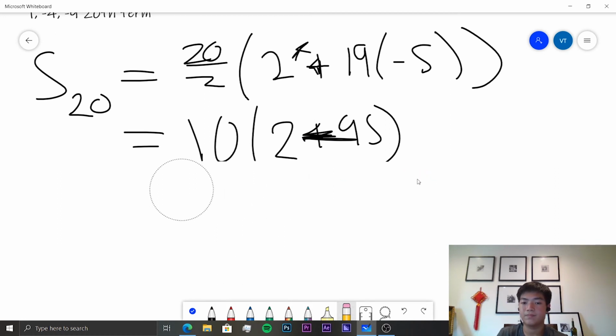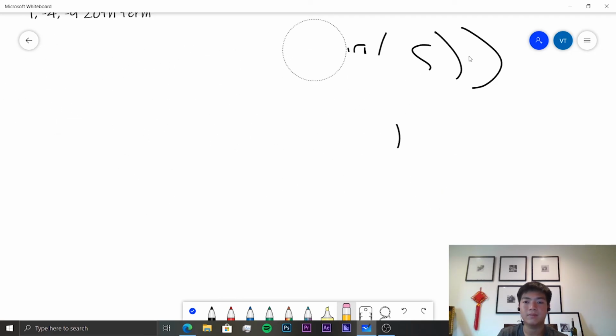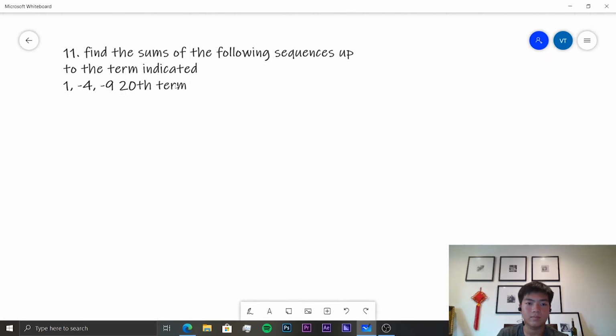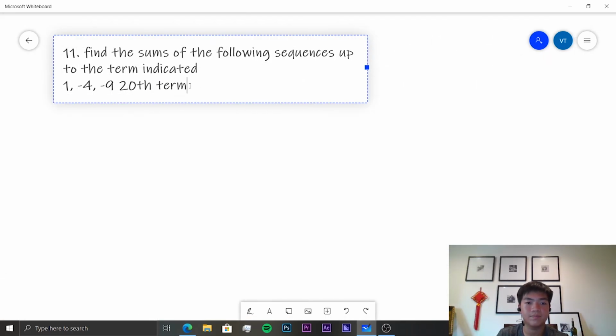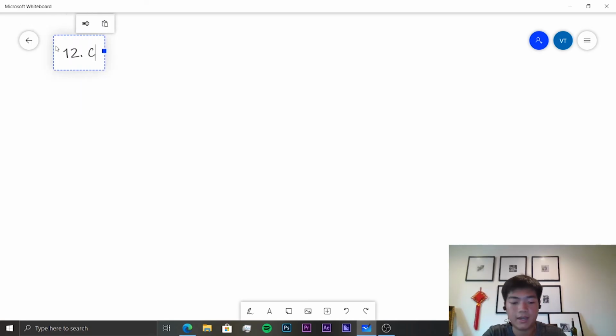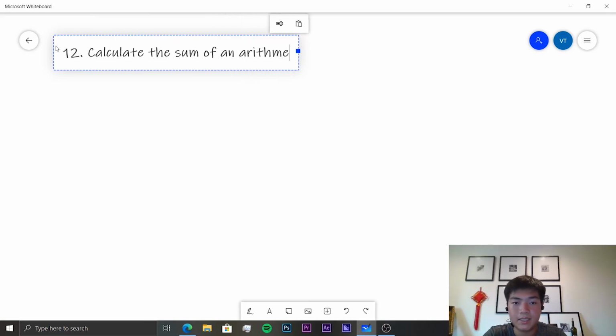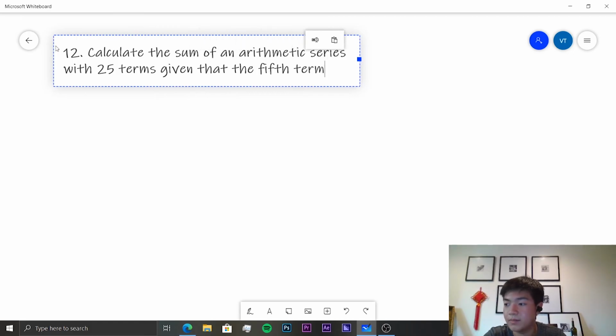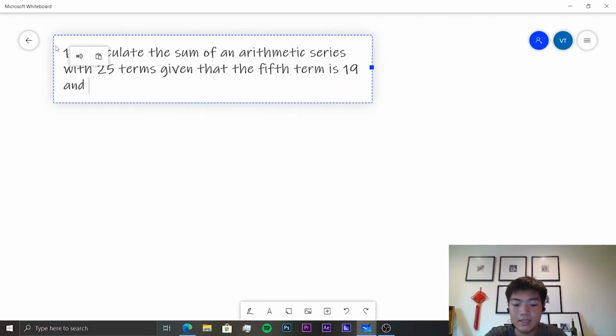Okay, on to some more problems. We want to calculate the sum of an arithmetic series with 25 terms, given that the fifth term is 19 and the 10th term is 39.